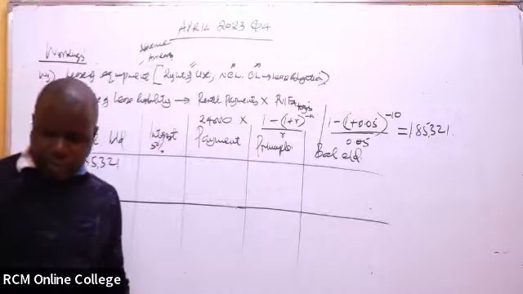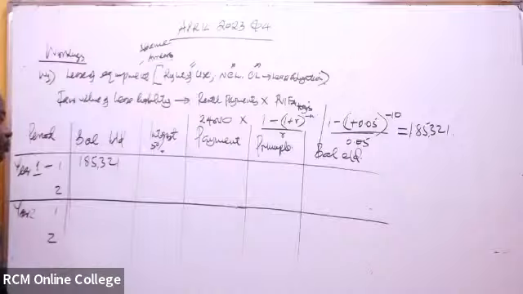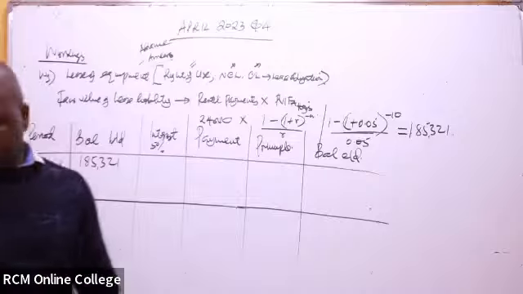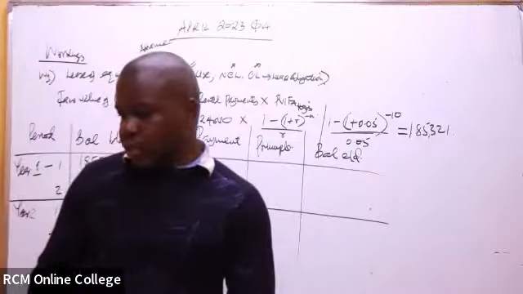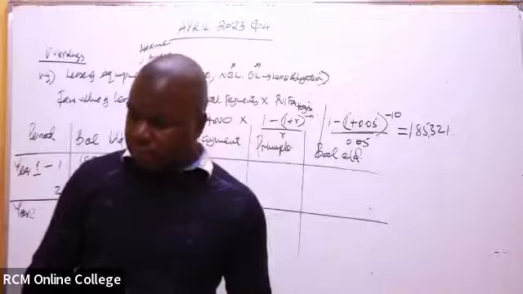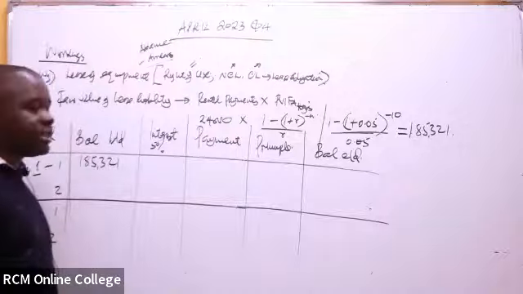You get 9,266. And of course, if you get a decimal, just round off.